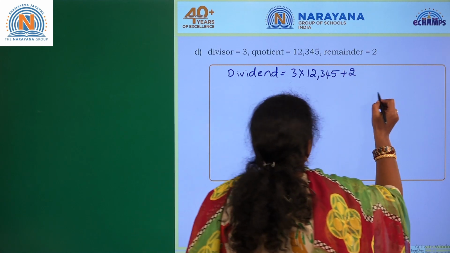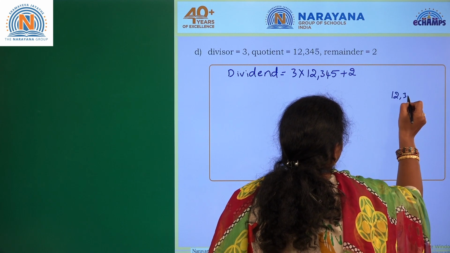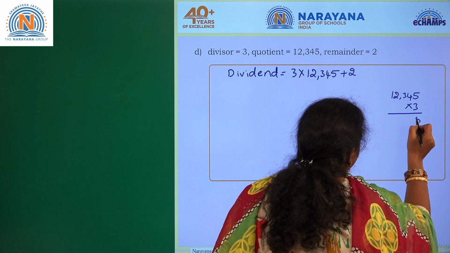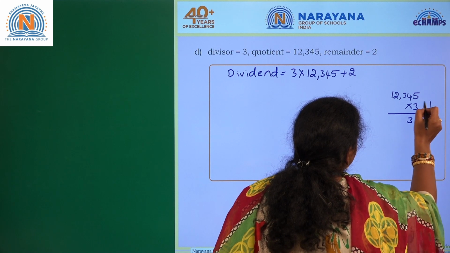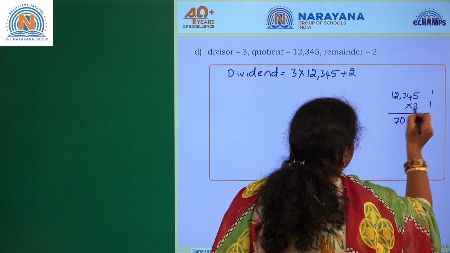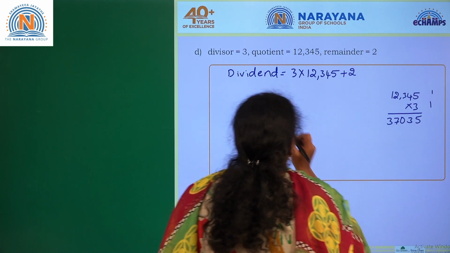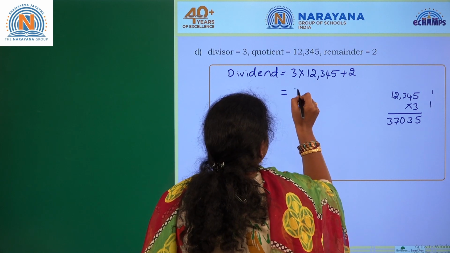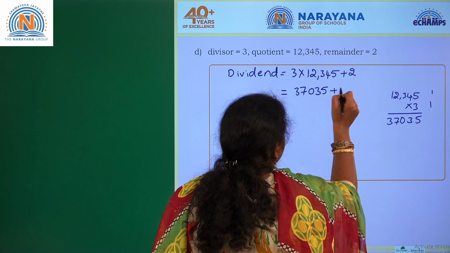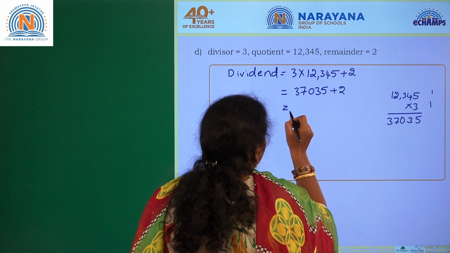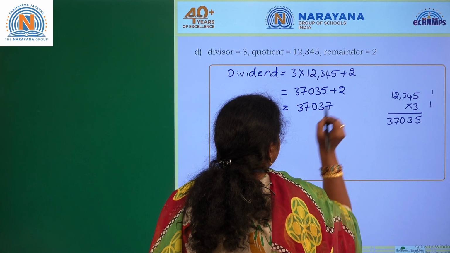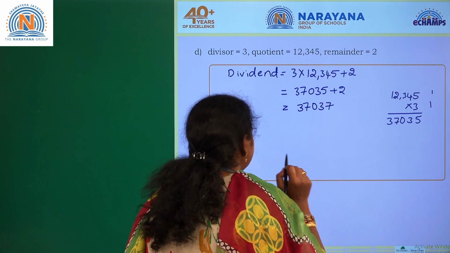Now let us multiply 12,345 with 3. 3 5s are 15, 3 4s are 12 plus 1 is 13, 3 3s are 9 plus 1 is 10, 3 2s are 6 plus 1 is 7, and 3 1s are 3. So what is the product obtained? 37,035 plus 2. What will you get? 37,037. So that is the dividend you will get.